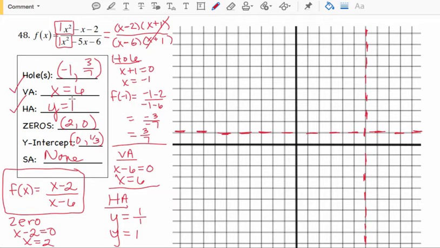I have a 0 at 2, 0, so over 2, up nothing, right there. I have a y-intercept at 0, 1/3.